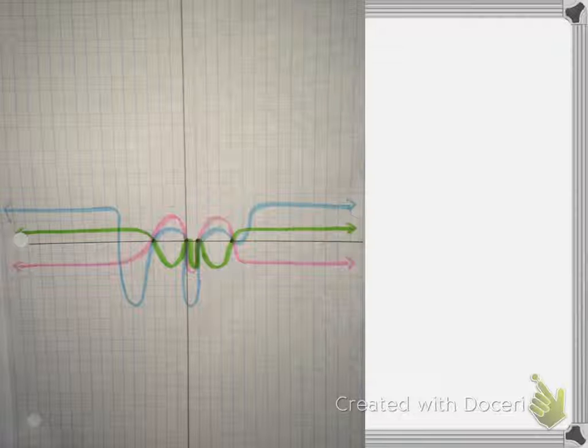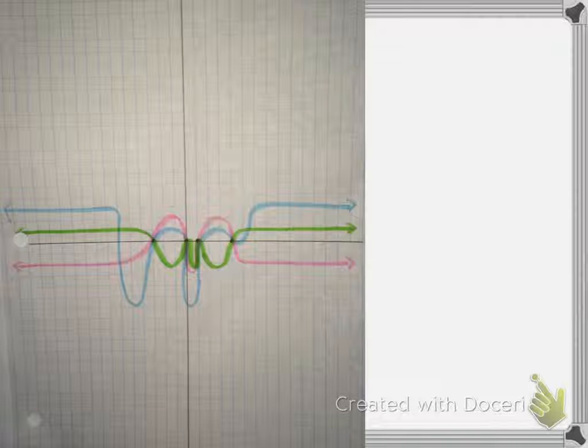Finally, the last function I graphed is drawn in pink right here. And it is different from the others because it starts by going up right here, whereas the others start by going downwards.